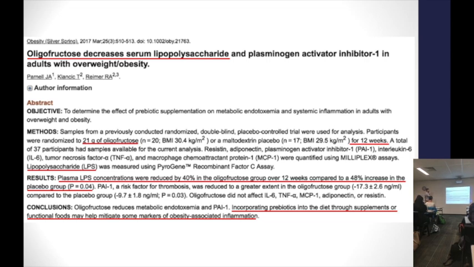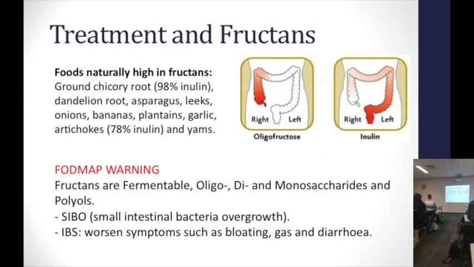Oligofructose, this is another one. 21 grams a day divided into 3 doses significantly reduced intestinal permeability after 12 weeks. So what does this look like from a clinical perspective? These are both fructans, okay? Naturally high fructan foods, you've got leeks, asparagus, onions, bananas, artichokes.